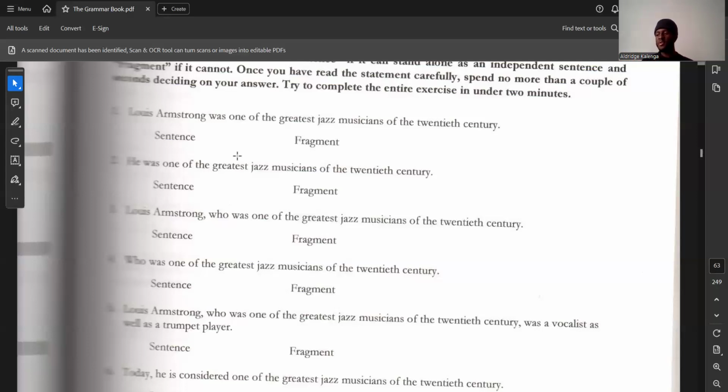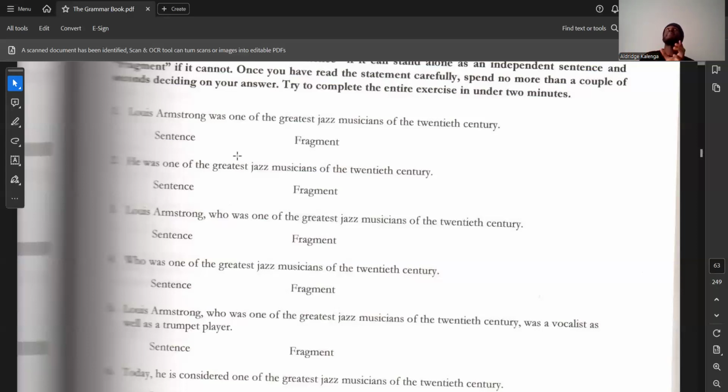A lot of languages have this subject, verb, object. Again, don't worry too much about definitions here. That's not the point. I'm just giving you guys a sneak peek, spoiler alert. This book defines the sentence as something that contains a subject and a conjugated verb.